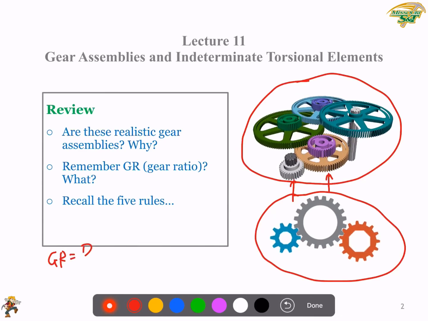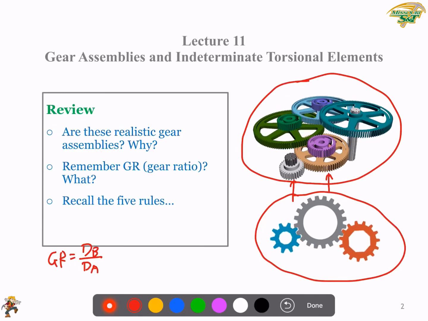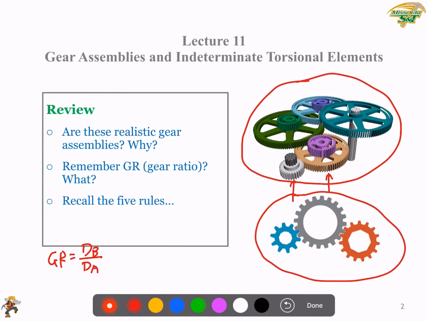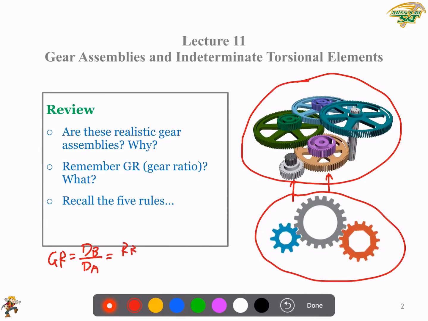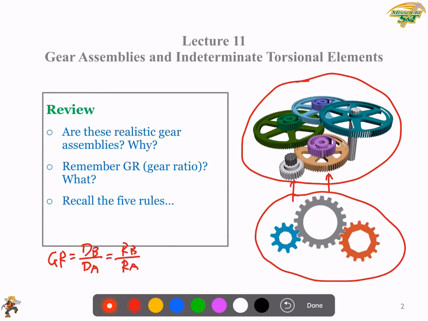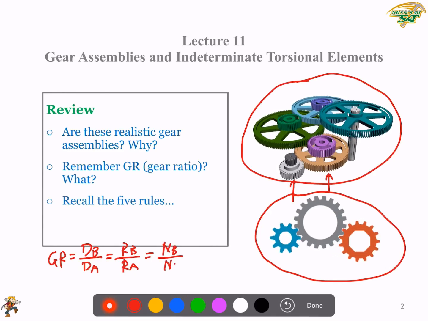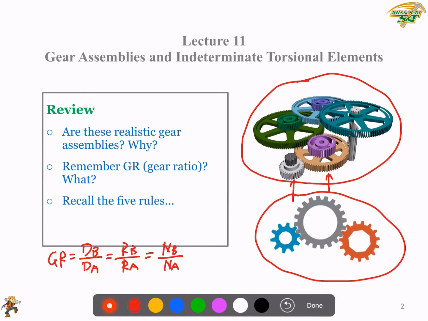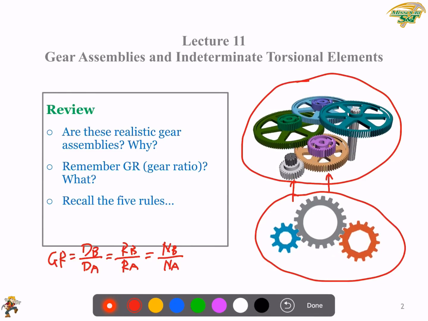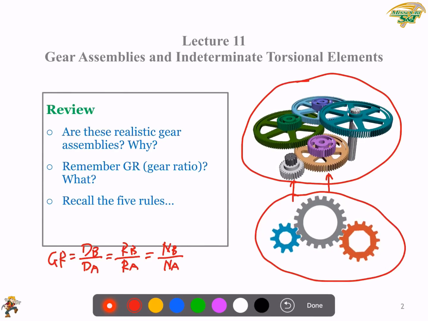When moving from A to B, you can define the gear ratio as dB over dA, or RB over RA, or NB over NA. Here D is the diameter of the gear, R is the radius, while N is the number of teeth of the gears.